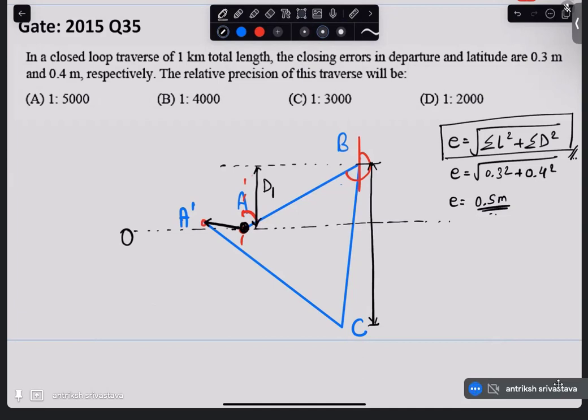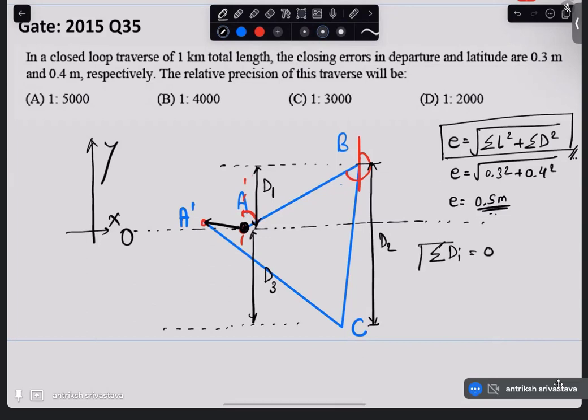So this D1 is positive, and from B to C when you move, some of it is in positive, some of it is in negative. All right. Now, when you move from C to A dash, you should have moved actually to what? To A, right? So it should be D3. Now we realize that in our y-axis, if this was y-axis and this is x-axis, we moved D1, D2 and D3 and we ended up on the same line, that is x equal to 0. So the total movement in y direction should be 0.